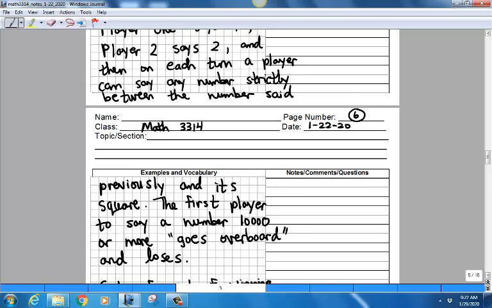Oh, I see. 100 squared. All right, so player 1's sequence of moves is what? 1, 3, 9. So when given the opportunity, choose 9. Then player 2 would have to pick between 10 and 80, right?